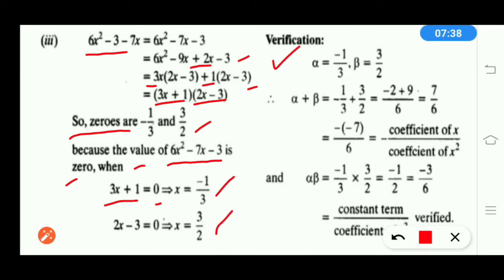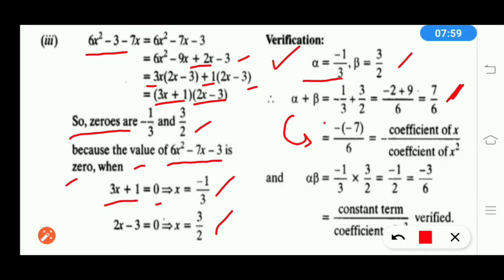Next, the verification part. Let alpha equal minus 1 by 3 and beta equal 3 by 2. So alpha plus beta equals 7 by 6. Clear? Alpha plus beta equals 7 by 6, and minus of coefficient of x divided by coefficient of x square.